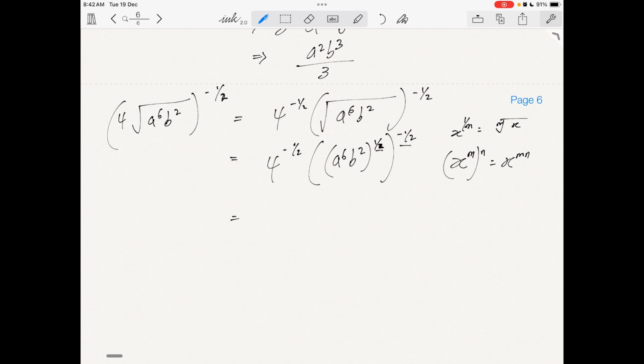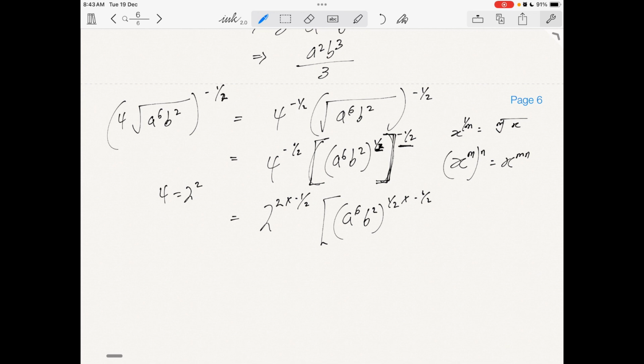And we can also work side by side with this, because 4 is equal to 2 squared, so I can put 2 squared multiplied by minus 1 over 2, into square brackets so that it will make more sense. Now I want to multiply these two powers, applying the power rule. I don't want to touch a raised to power 6 b squared and half multiplied by minus half.